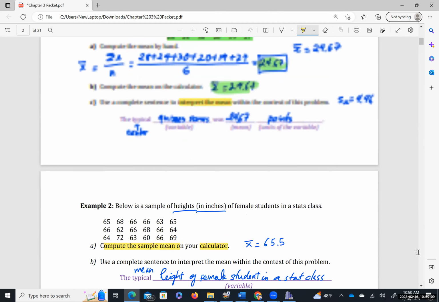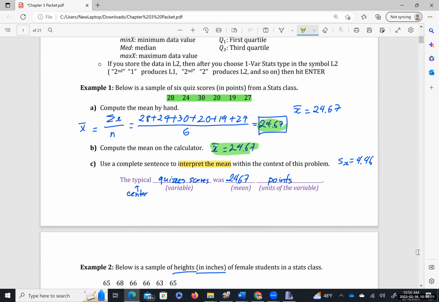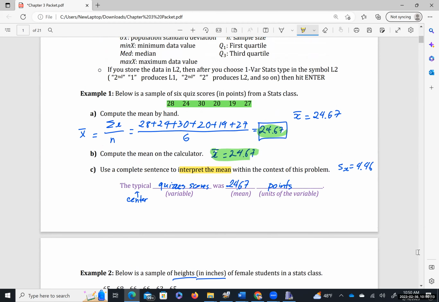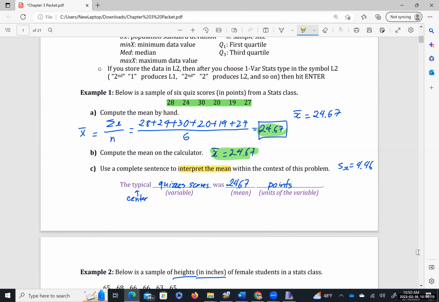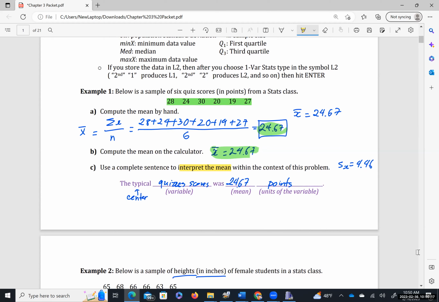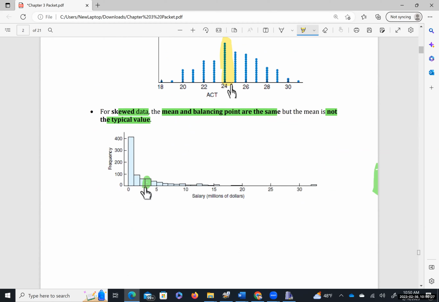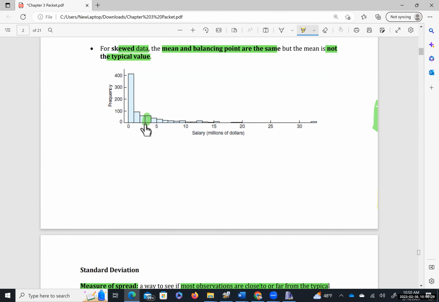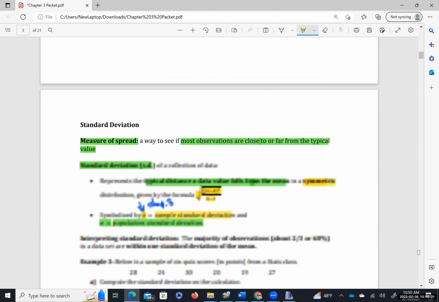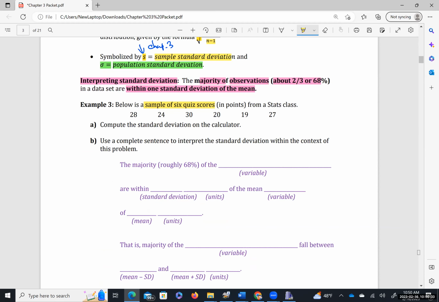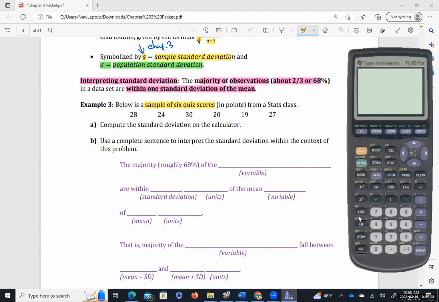I'm not sure. 28, 24, 30, 20, 19, 17 here, and I got the standard deviation was 4.46 by using the calculator, right? I'm going to show you again to make sure where it is.